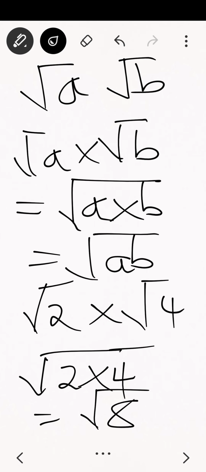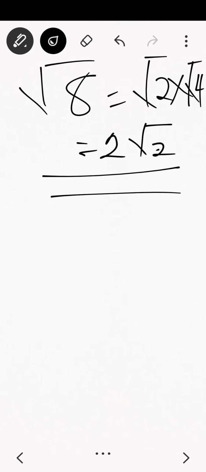But note that root 8 is not the simplest form, so we have to go back to what we did earlier. When we do that, root 8 will definitely have the product of root 2 and that of root 4. If that's the case, then root 2 we cannot do anything about, it's an irrational number, but root 4 is going to be 2. So this is going to be our final answer.